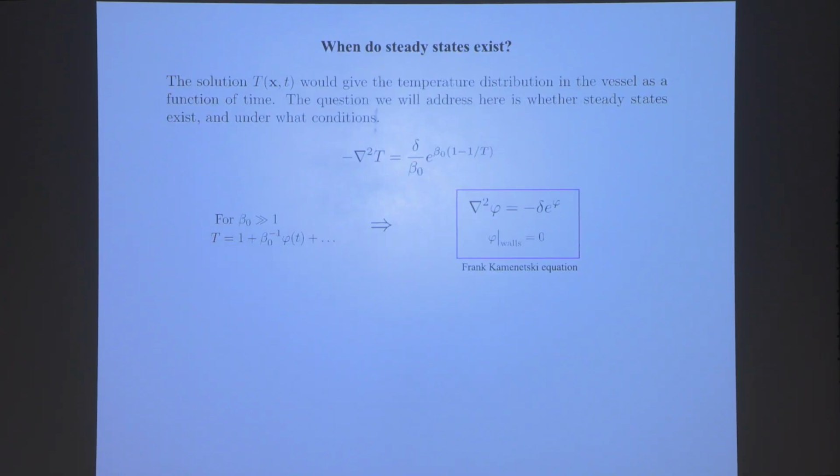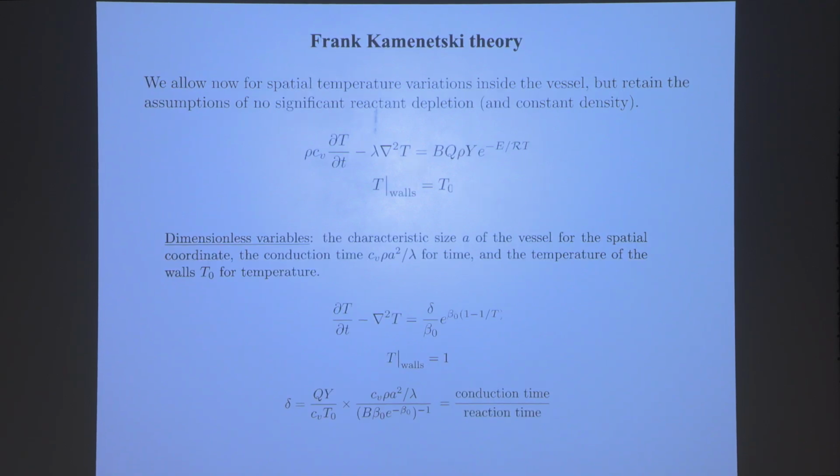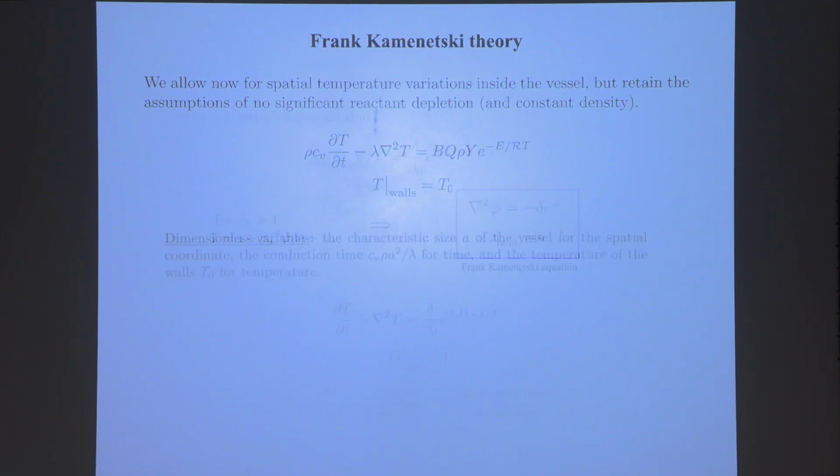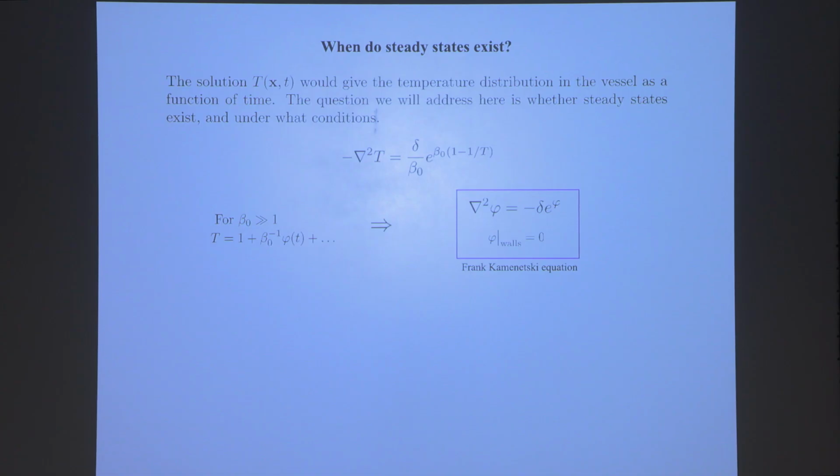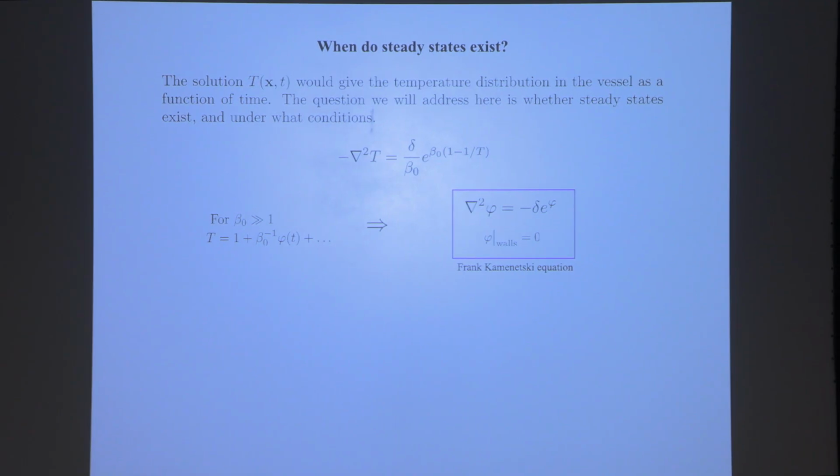The question is, again, the same philosophy as before: are there any steady states? You take dT/dt out, and you want to solve the problem that the Laplacian equals the reaction. When there is a balance, a steady state will exist. When there is none, the explosion would occur.